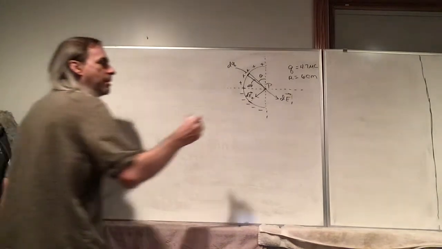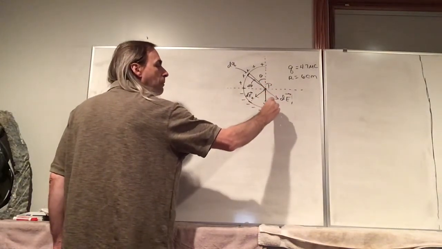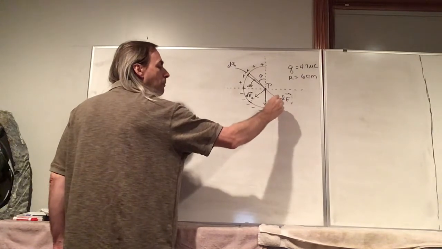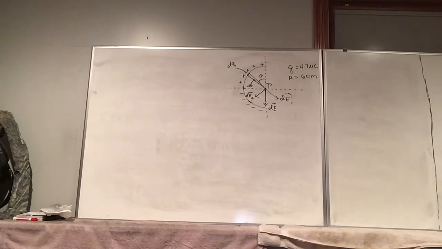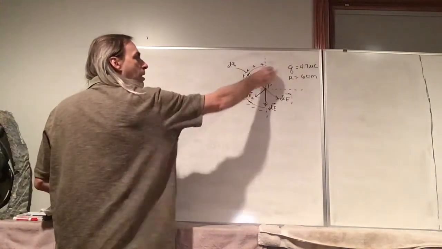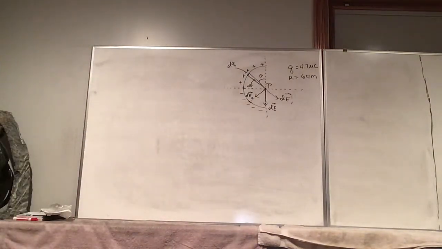And the y components are going to be equal to each other. So what we really need to do is just integrate across one quadrant and just multiply by 2 to get the y component of the electric field.